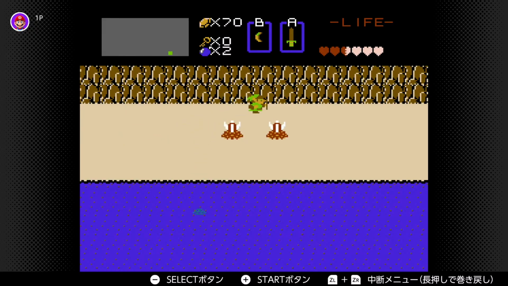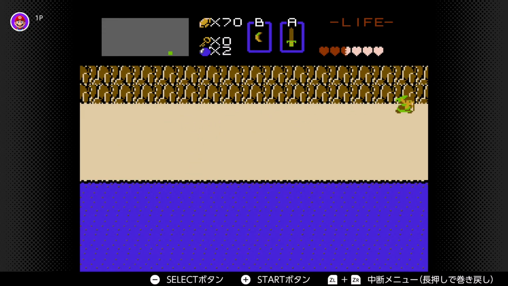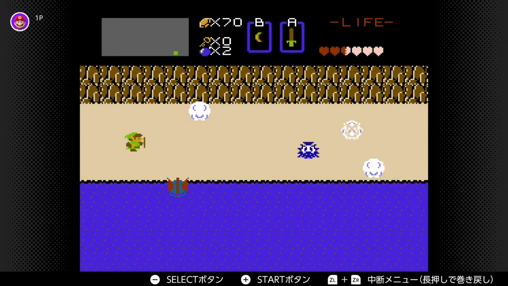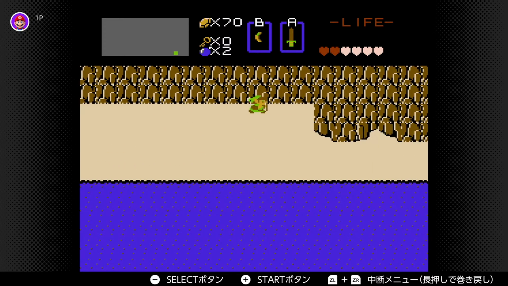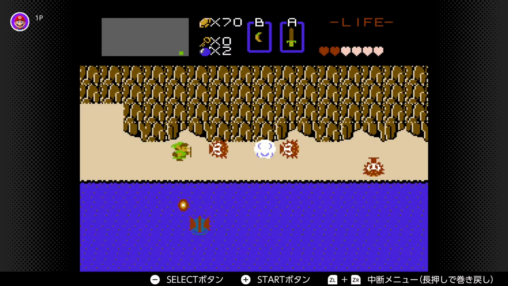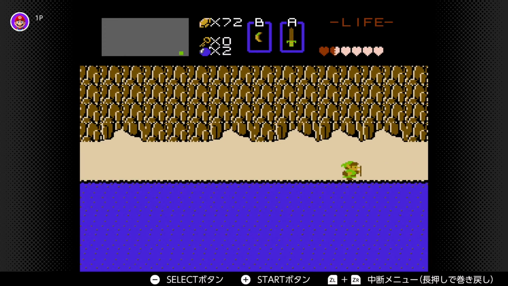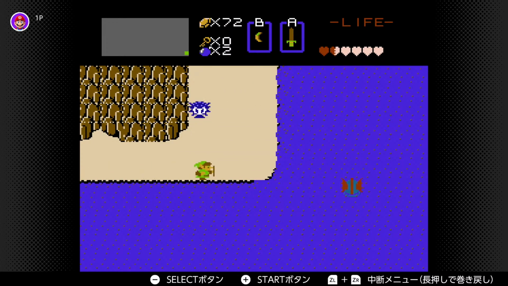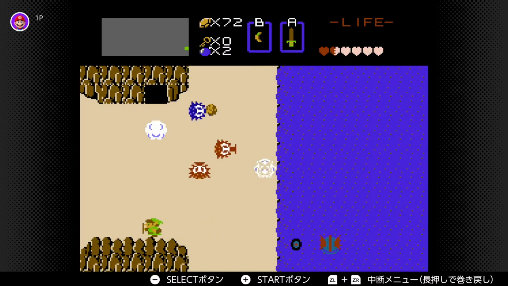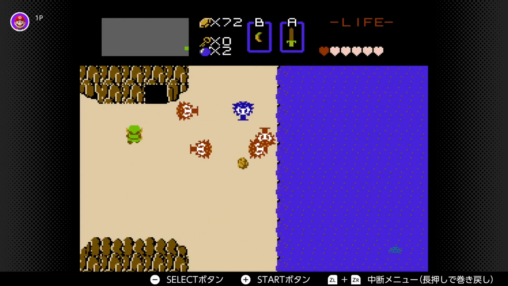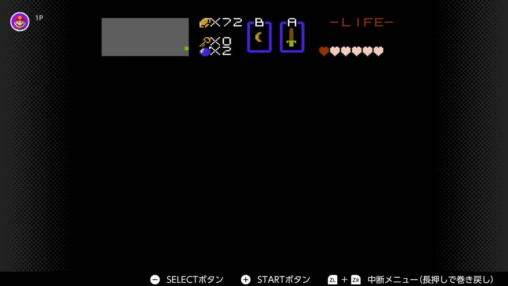Yeah, not risking using my bombs for nothing on these screens. Not this one either. I think this one there would be something, but let's avoid it for now. Let's enter here.